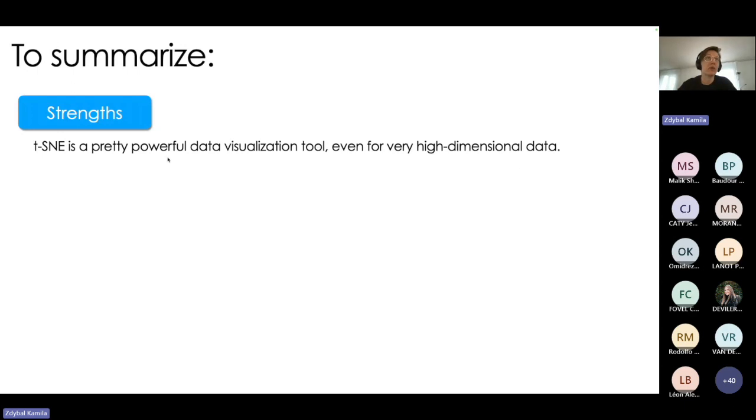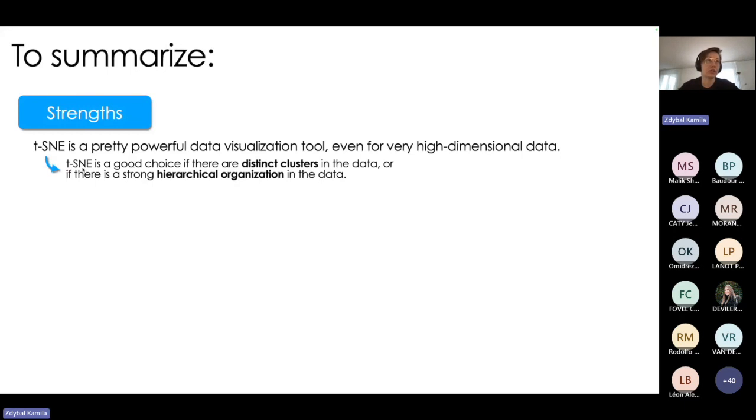And the powerful thing about t-SNE is that it can work even for very high dimensional data sets. Those biomedical data sets that might have thousands of dimensions originally, people collapse them onto 2 dimensions, and they see some physically meaningful patterns that emerge.